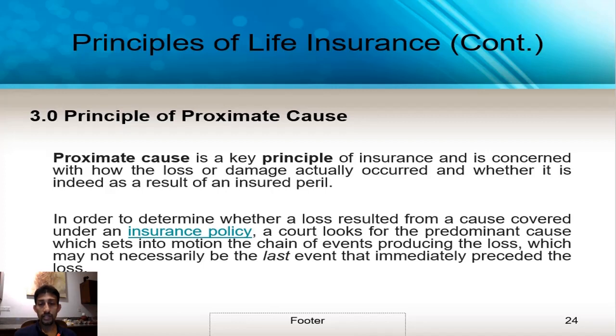In order to determine whether a loss results from a cause covered under the insurance policy, a court looks for the predominant cause which set into motion the chain of events producing the loss, which may not necessarily be the last event that immediately precedes the loss.